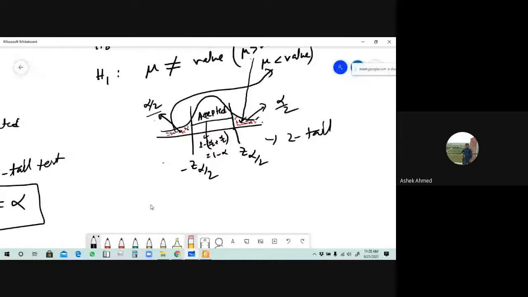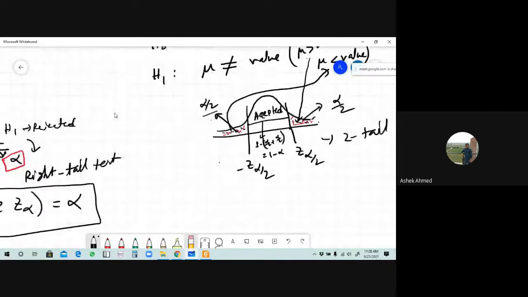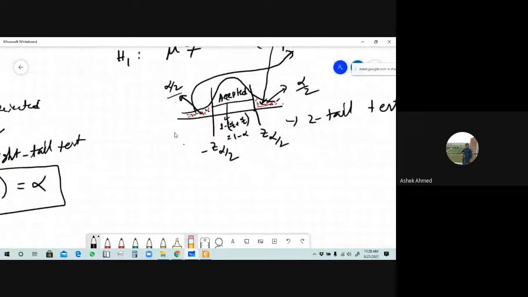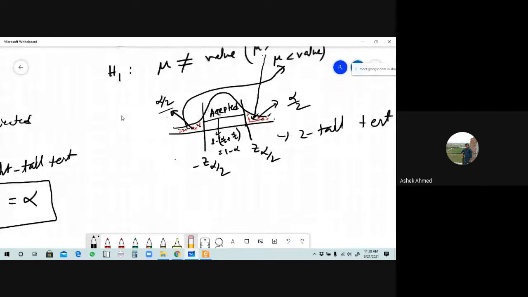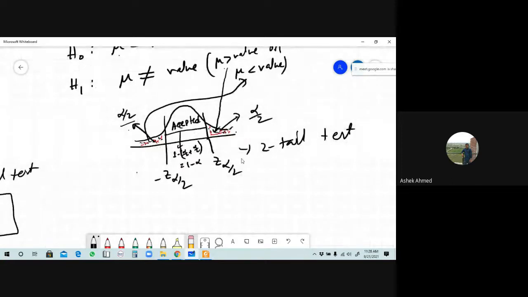I will call the other a one tail test, but in this case the rejection region satisfies both tails. That is why we will apply the test called the two tail test.